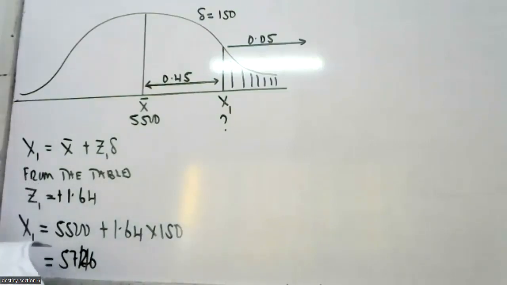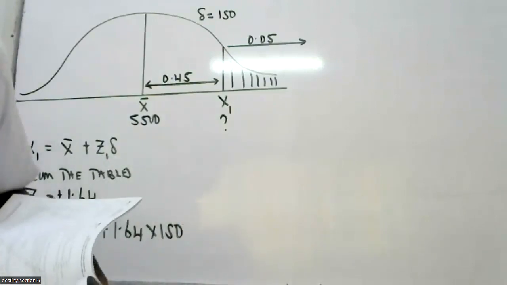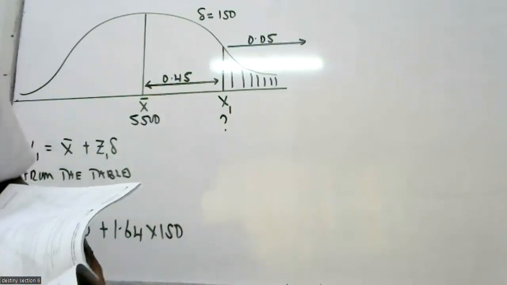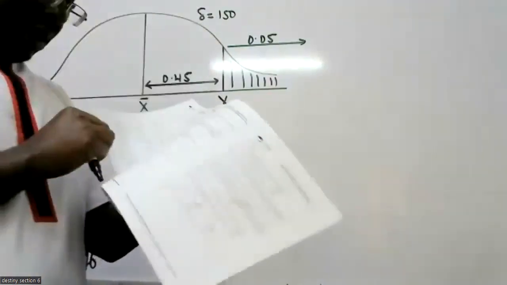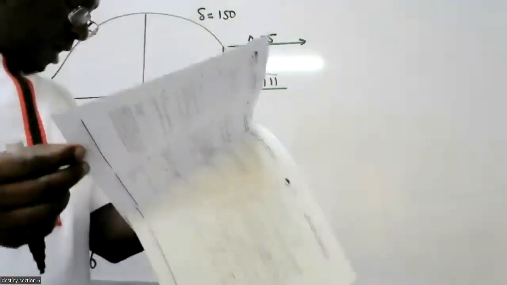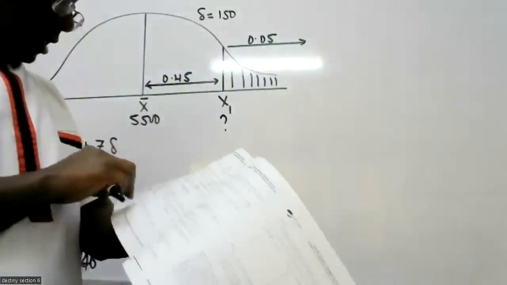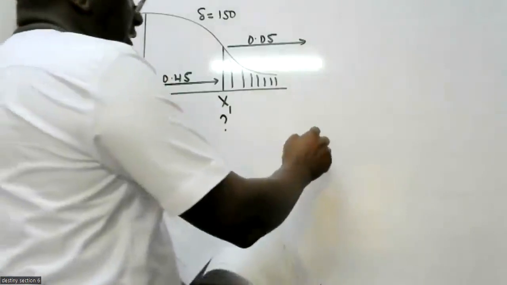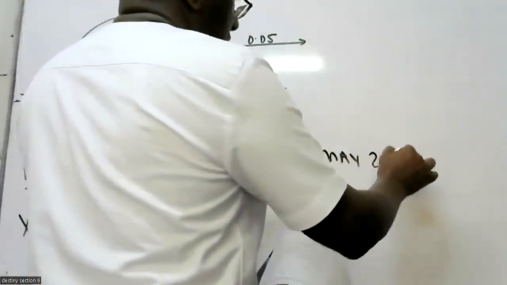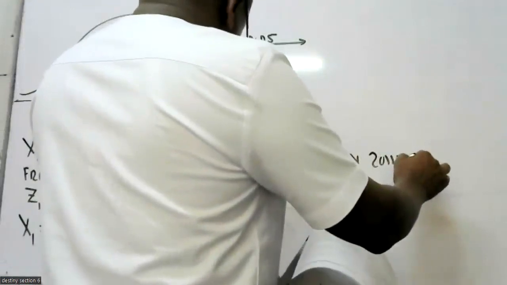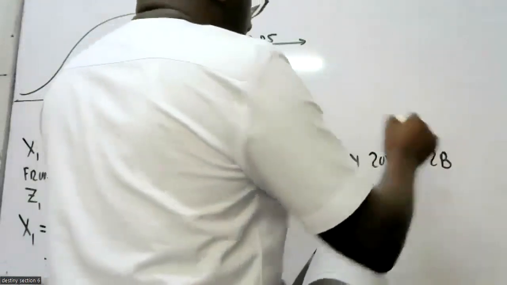Okay, so now on your own, you do those two other questions that remain, question 27 and question 28. Do that on your own. And then from the past papers, you do May 2014, question 2B.